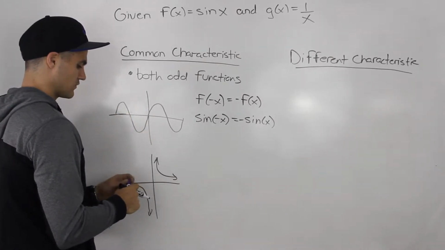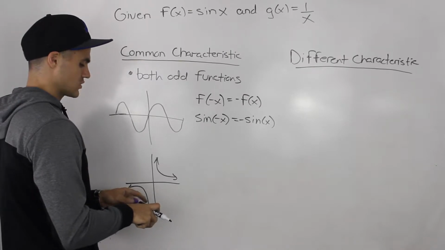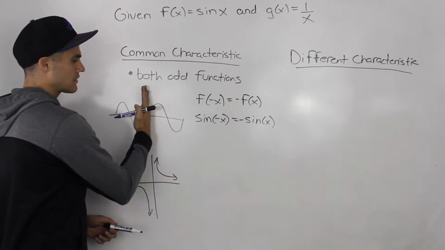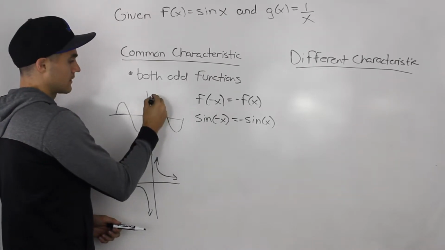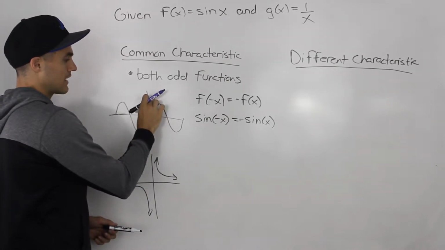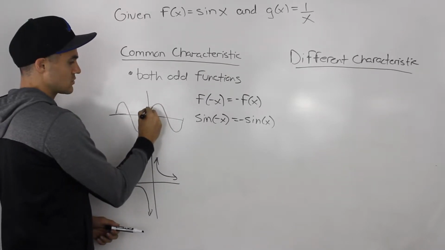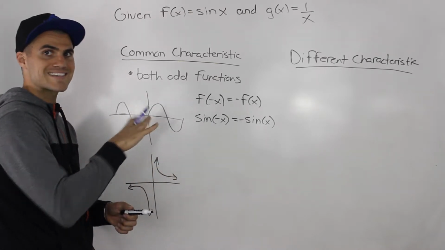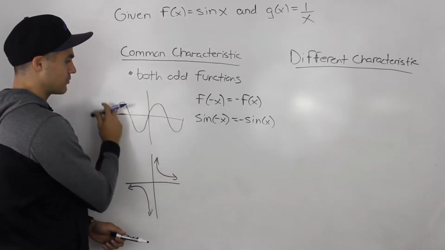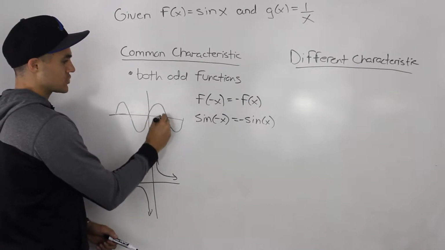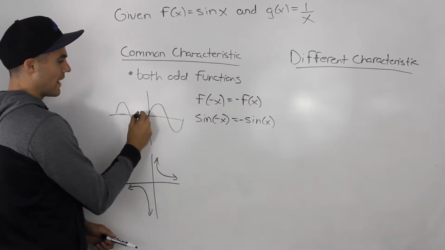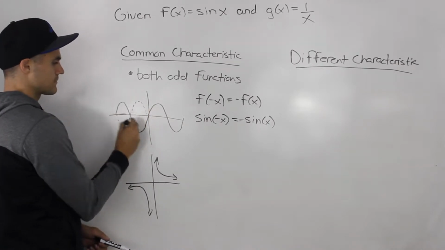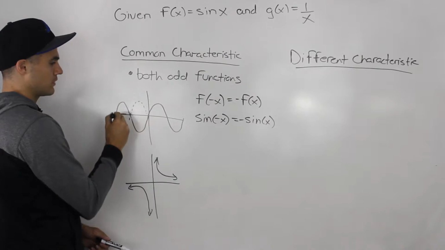And if that's a little confusing to tell, another way to graphically tell whether something is an odd function is if we take the right portion of the graph, the part that is to the right of the y-axis, so this portion here, and we reflect it in both the y-axis and the x-axis, we should get the left portion. So if we take this portion of the graph, reflect it over the y-axis, we would end up getting something like this, represented by this dotted purple line.